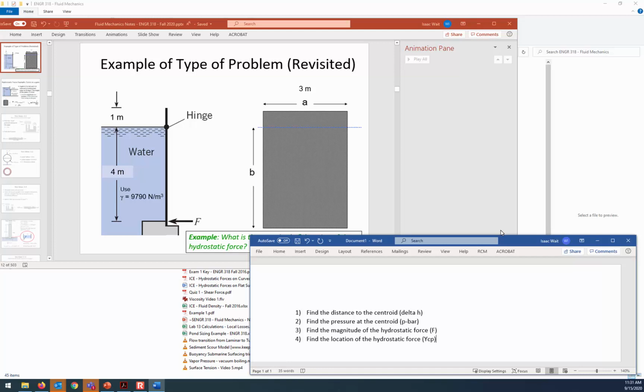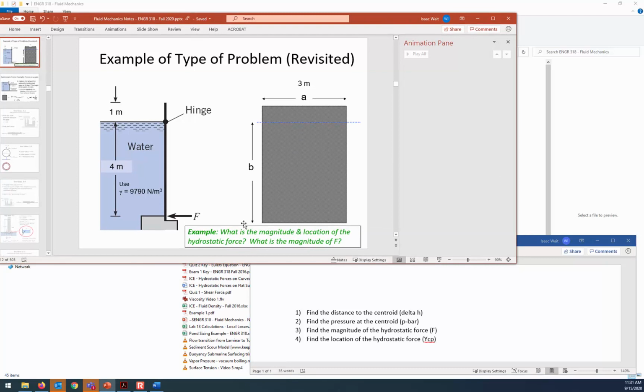Okay, so maybe in the margins, what you can do is write down this step by step: find the distance to the centroid, pressure at the centroid, magnitude of the hydrostatic force, location of the hydrostatic force, and then it looks like in this problem, it's also saying that we're going to apply a reaction at F to try and keep the gate closed.